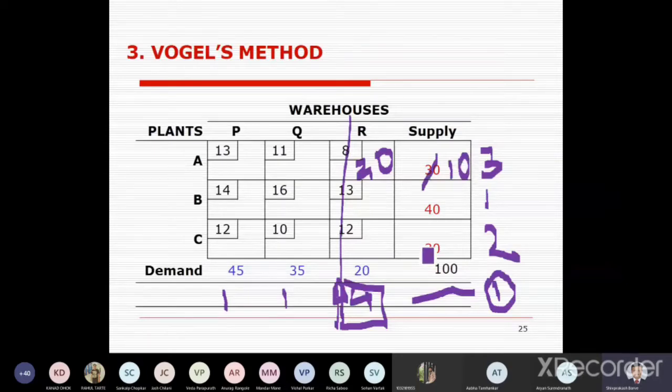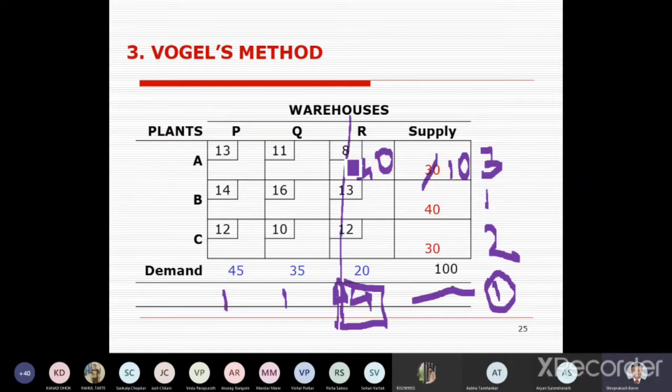Whatever procedure we used for the previous method, we use the same, but first we have to find these penalties, and wherever you get the highest penalty in that row or column, check which is the minimum figure, and allocation should be made at that minimum figure.